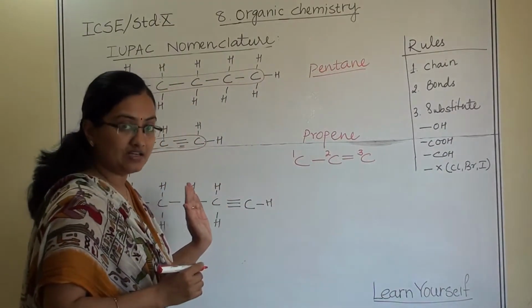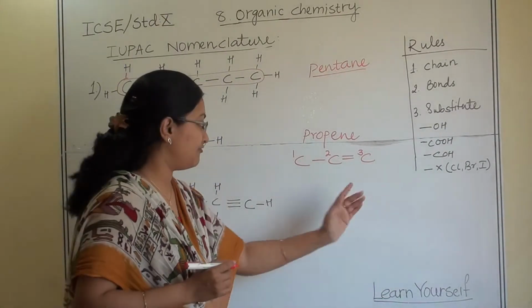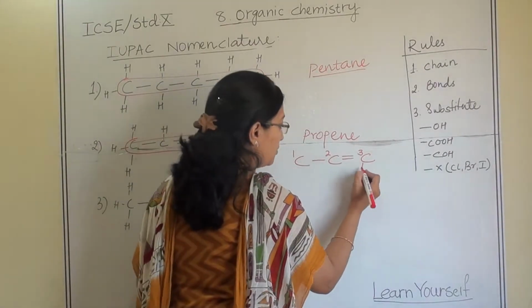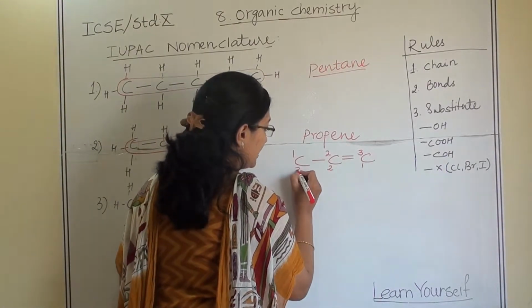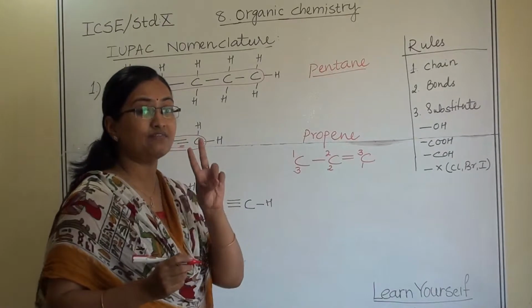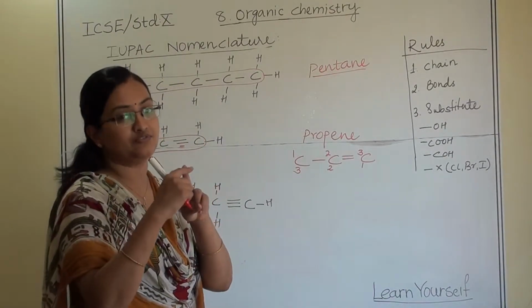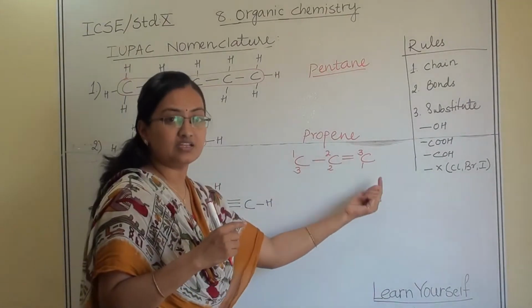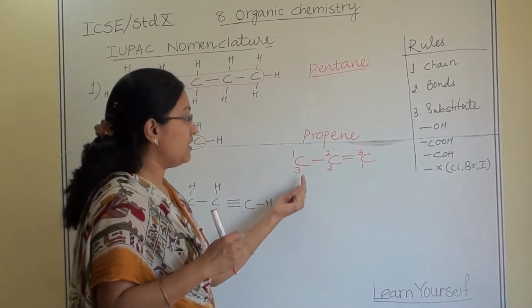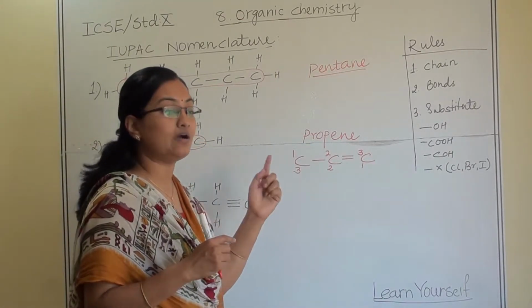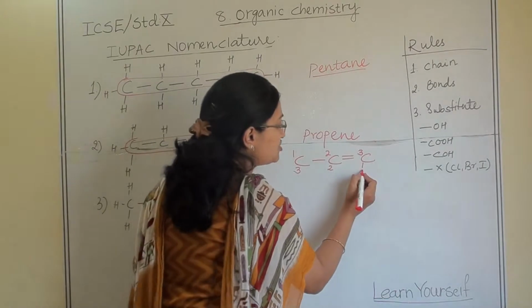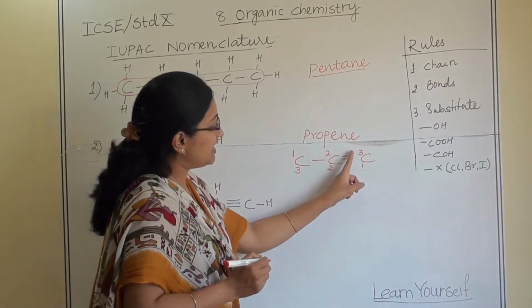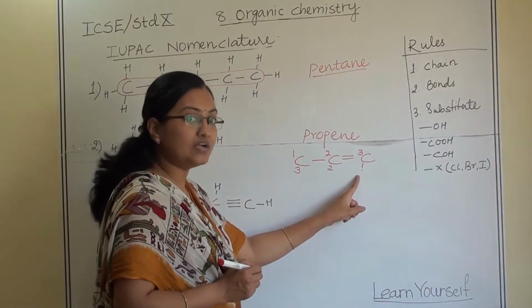This number pattern is from right to left. Now another number pattern, 1, 2 and 3. So I have given two types of numbering, left to right and right to left. When you are giving this number, you have to carefully see which number is the smallest. Either 3 or 1. 1 is the smallest.